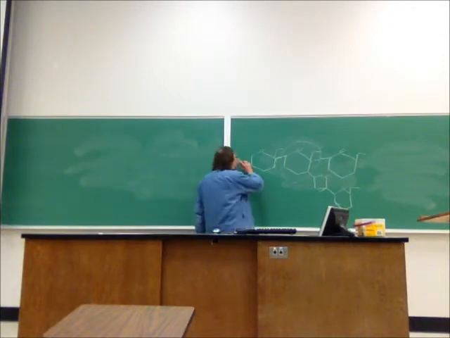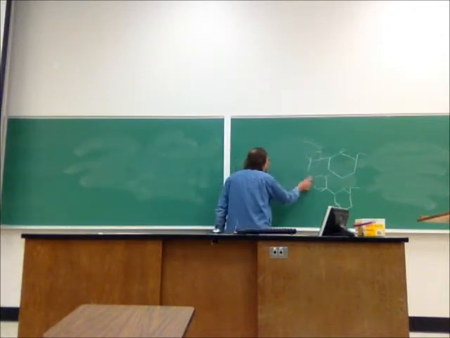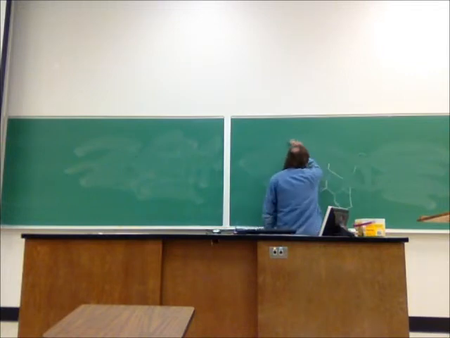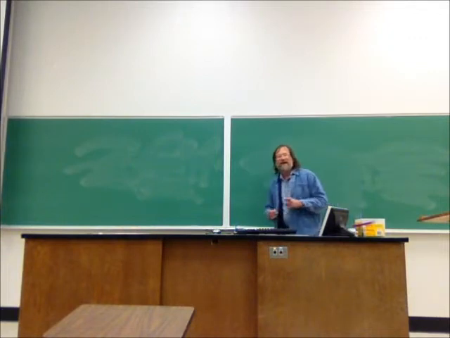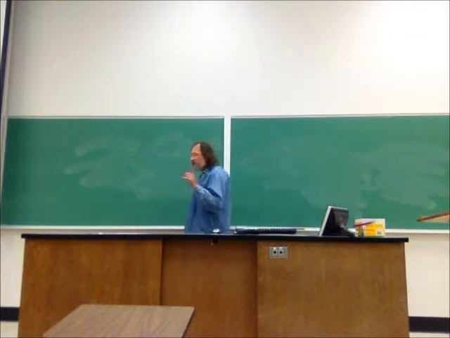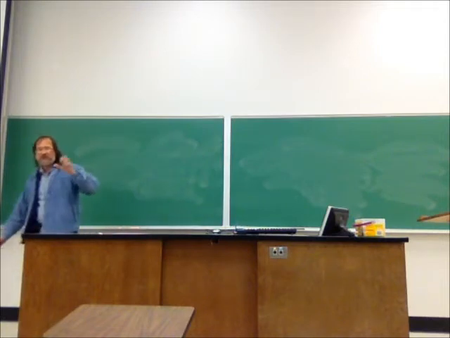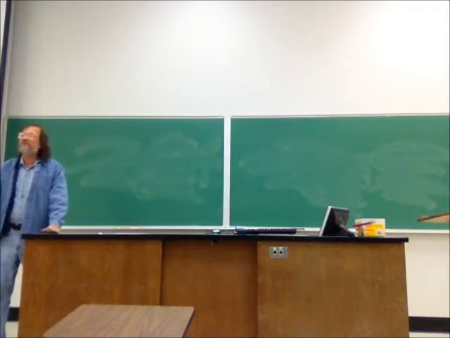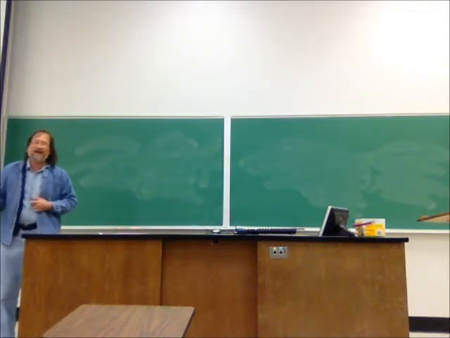Before we go on to polysaccharides, let's take a look at a few common disaccharides, because a number of organisms will produce these. They'll covalently bond two sugars together and then use them for storage or whatever the case may be.